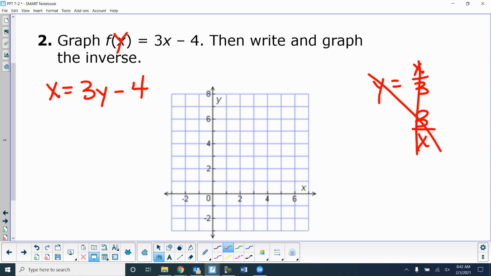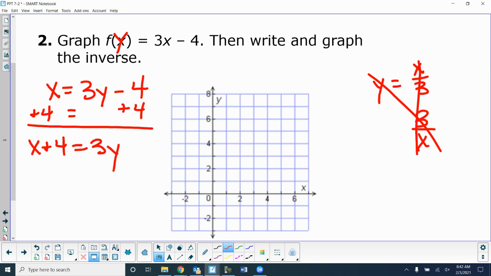Now, like somebody told me, I'm going to take the 4 over, right? You guys know how to solve for a variable. It's our normal solving for x or y. Do the opposite to move to the opposite side, right? So what's the opposite of multiplying by 3? Dividing, right?